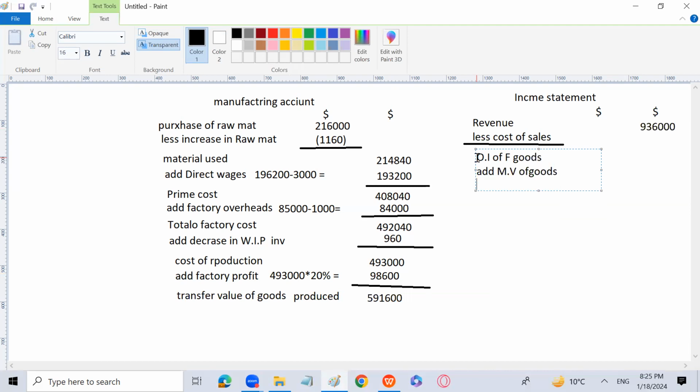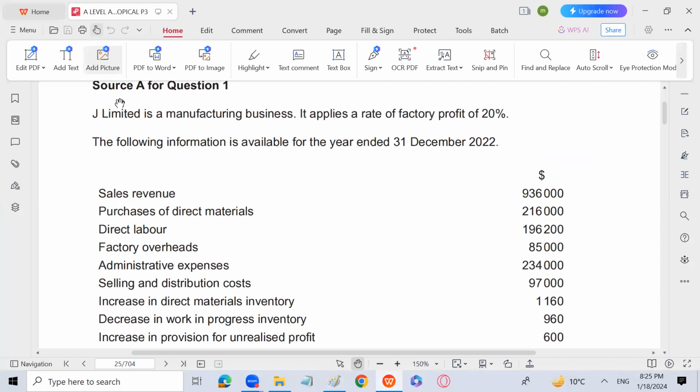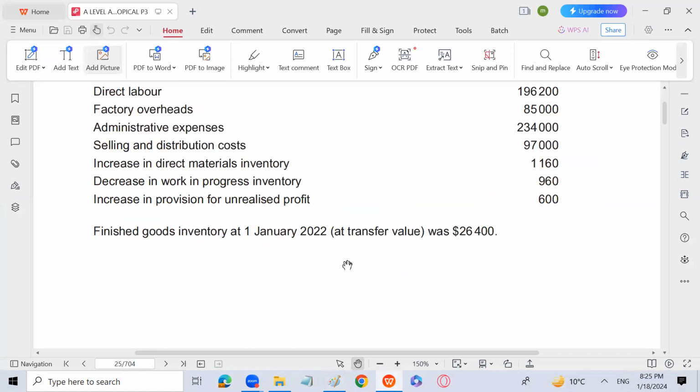Add market value of goods produced. Again, it is going to be written at transfer price, and less finished goods inventory closing, but at transfer price. Always remember, we will write all the amounts at transfer price. Opening finished goods has already been given in the question, and that is already at transfer price, 26,400.